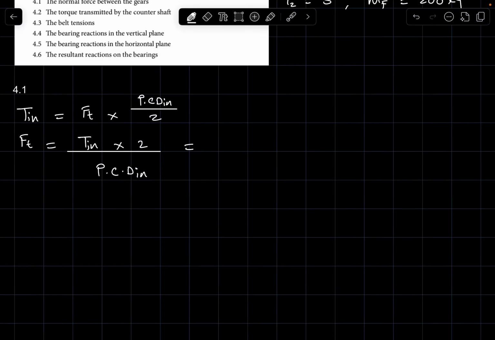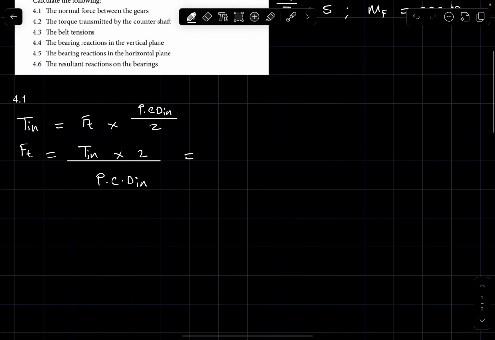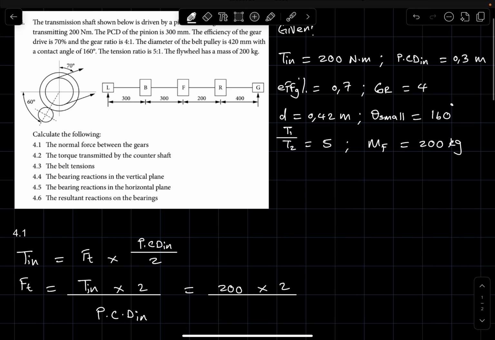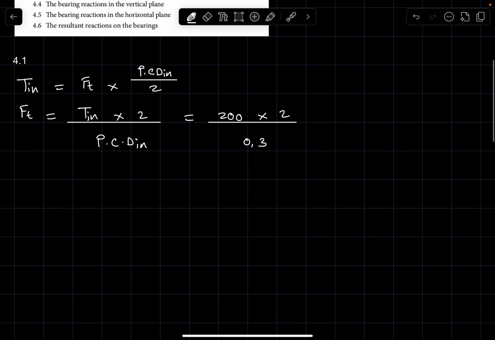Now you substitute. Input torque is 200 newton meters, so that's 200 times 2 divided by the PCD of the pinion, which is 0.3. If you punch this in your calculators, you should get 1333.333 newtons.